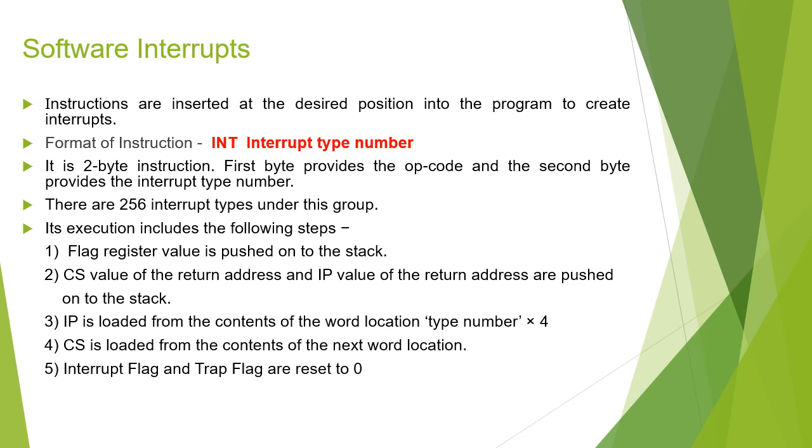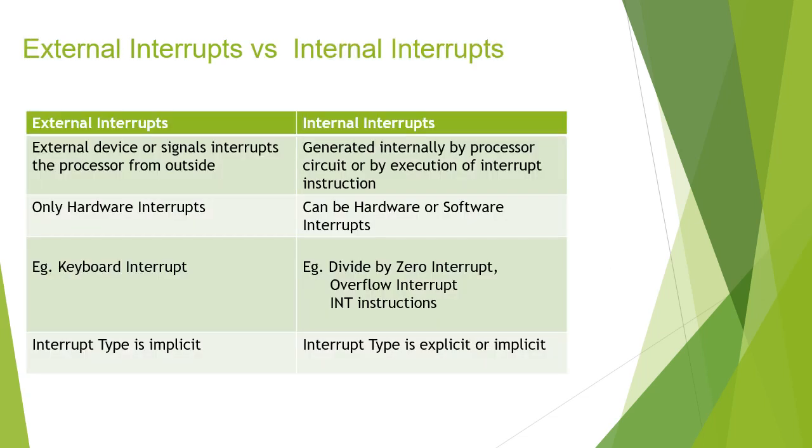In 8086, there are 256 interrupt types, and the execution of a software interrupt includes the following steps. The flag register value will be pushed to the stack, and then CS and IP will also be pushed to the stack. As in our previous case, IP will be loaded from the content of the word location type number times 4, CS will be loaded with the contents of the next word location, and IF and trap flag will be reset to 0.